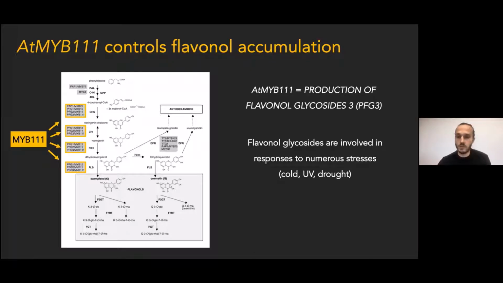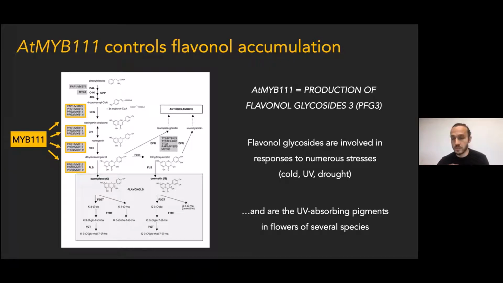They have been implicated in responses to a number of different biotic and abiotic stresses, like cold, ultraviolet radiation, and drought. They are also the UV absorbing pigment in a number of different species. So they make for a very good candidate as a UV pigment for sunflower as well.